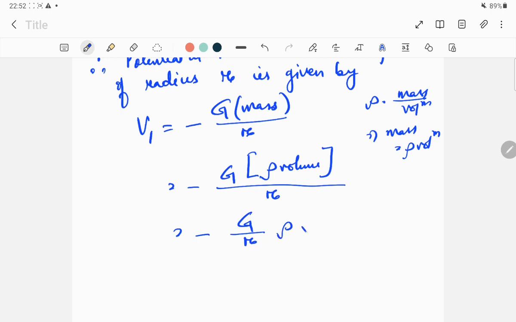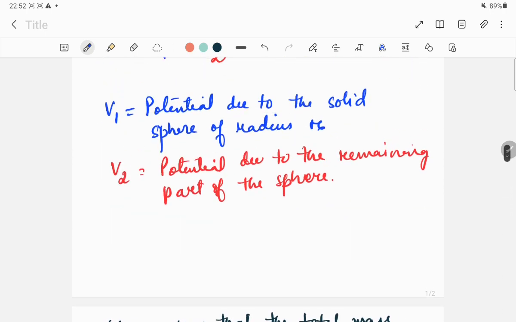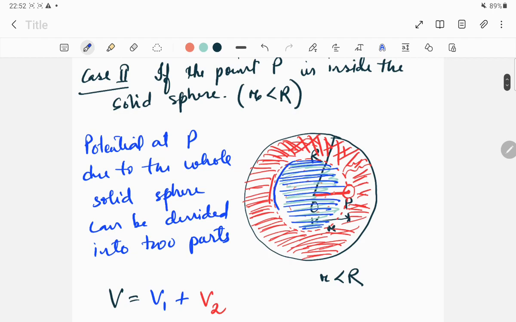Rho into volume means 4 by 3 pi small r cube, because we are talking about this sphere, which has a volume of 4 by 3 pi r cube.